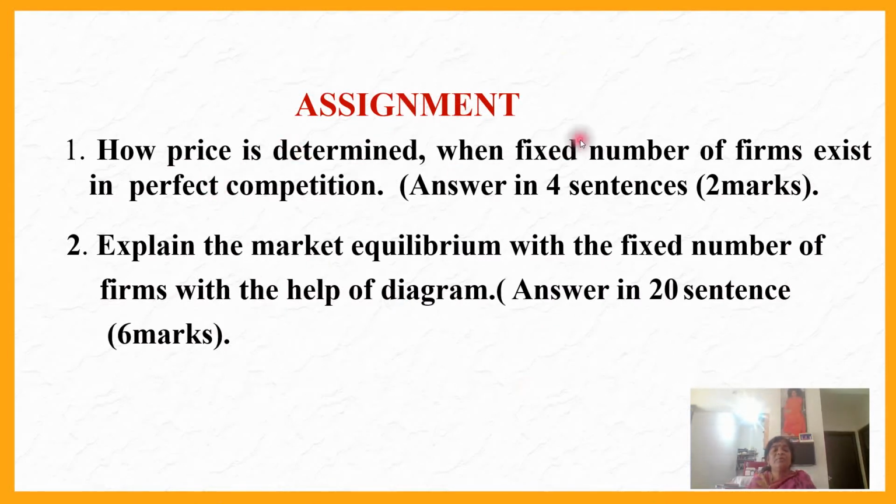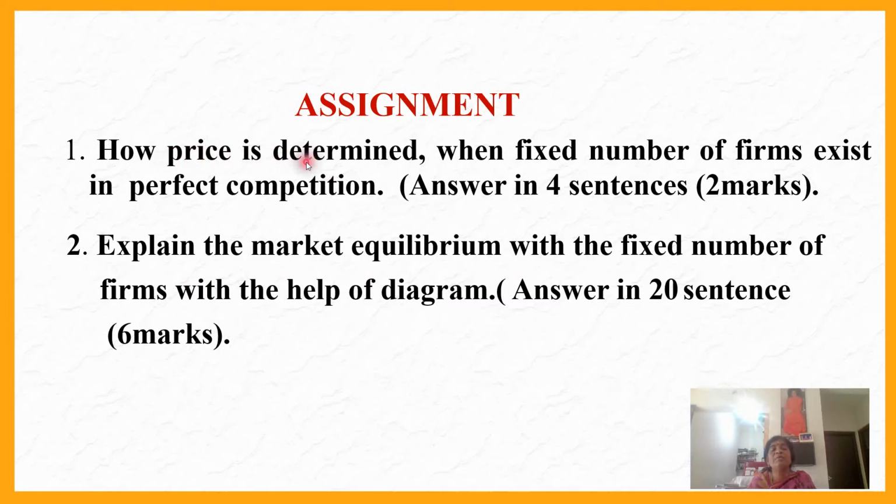Therefore, we have finished our discussion for today, and you can attend to how price is determined when a fixed number of firms exist in perfect market competition. For a 4 sentences, 2 marks answer, explain the market equilibrium; this is only price determination.